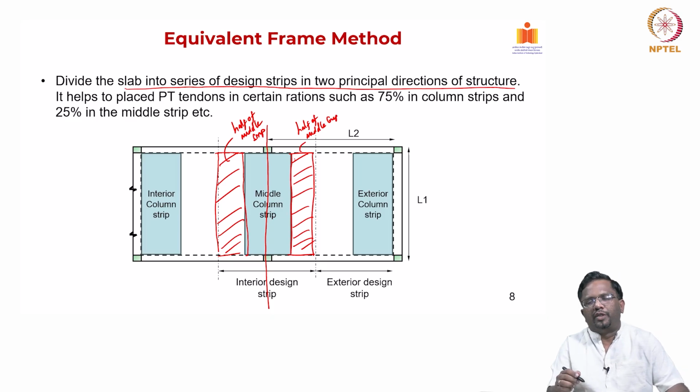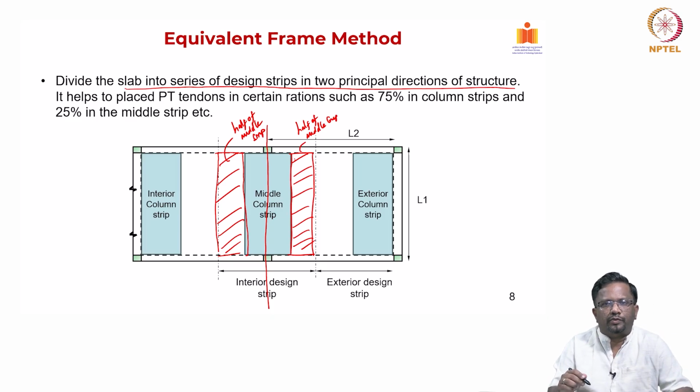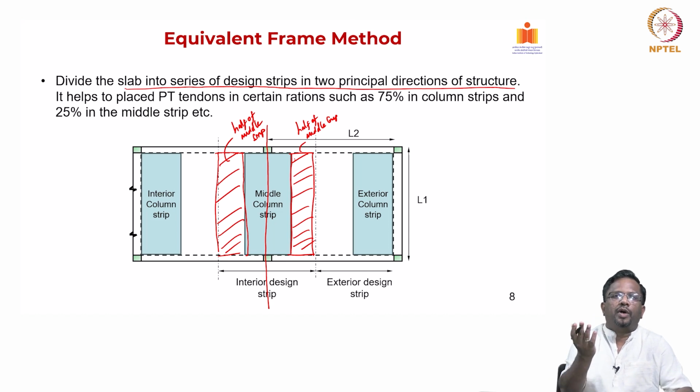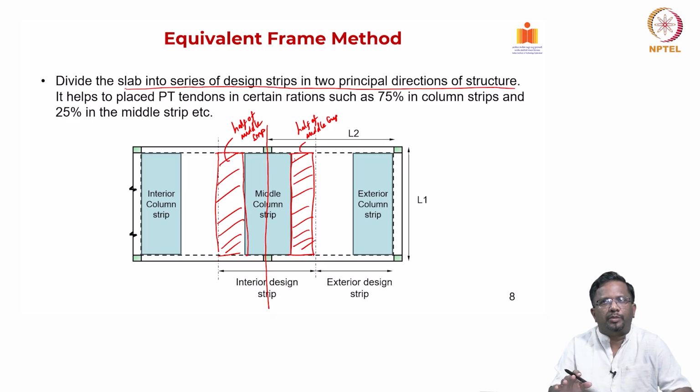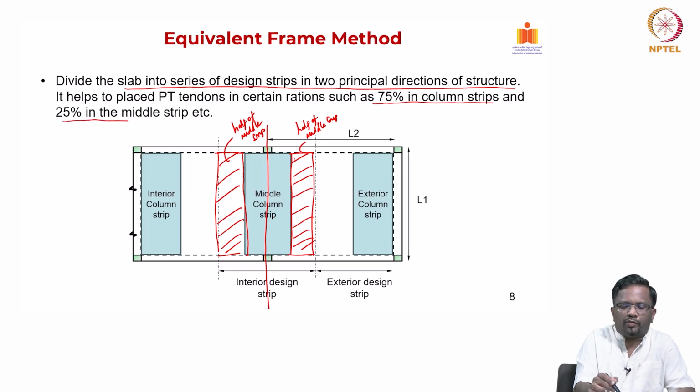The reason why we do that is, as we discussed in the last lecture also, if I can put more PT cables and more reinforcement in the column strip region, that helps me in achieving very nice load balancing. So, a very nice uniform distribution of load balancing can be achieved. So, that is the reason we said the recommended range is typically 60 to 80%, and very commonly 75% of the PT reinforcement is provided in the column strip, and the remaining 25% is provided in the middle strip.